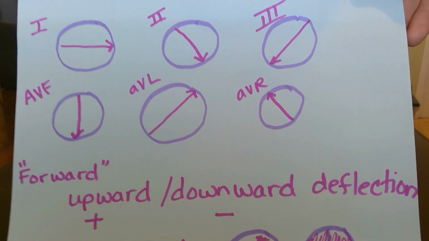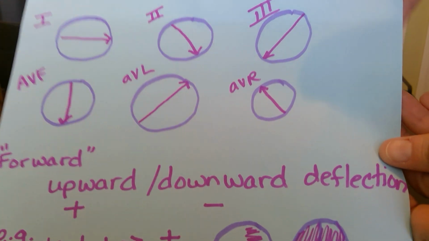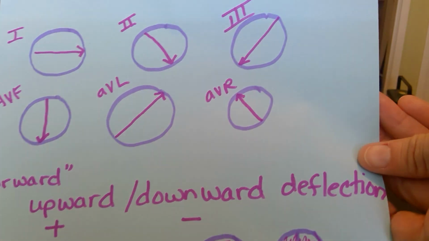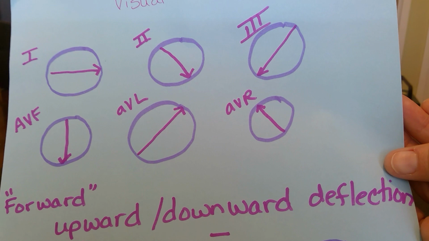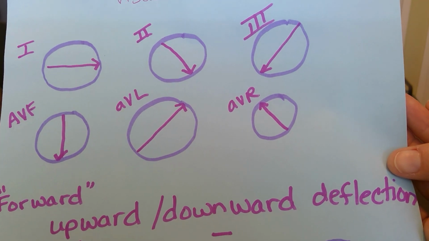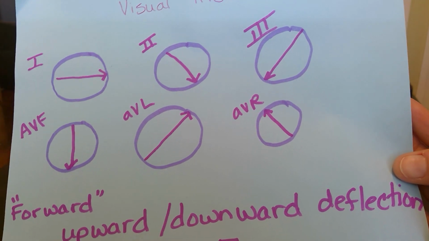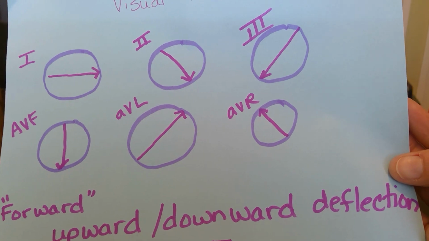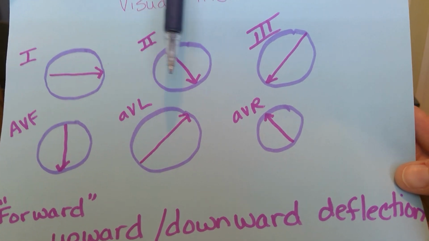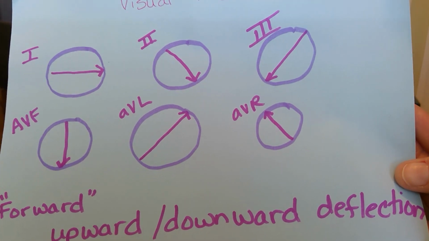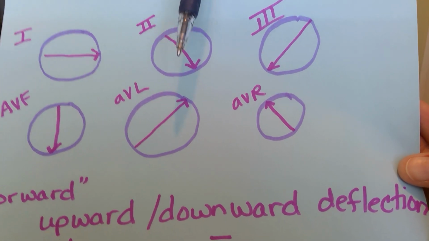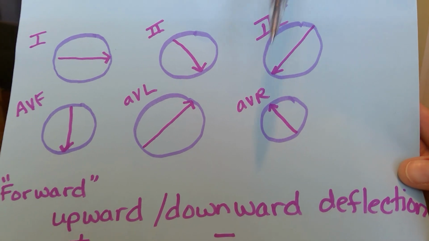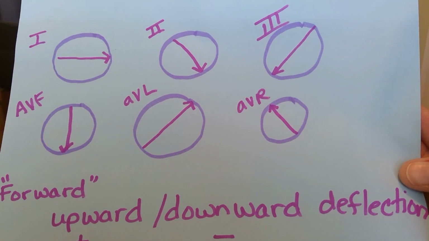However, if you pick 2 leads where if you use them together, they would cut your circle into a perfect quadrant, it's more powerful. On the exam, I will pick the 2 leads you use. It will be one of these 3 sets. You might be asked to use lead 1 in AVF, or lead 2 in AVL, or lead 3 in AVR.